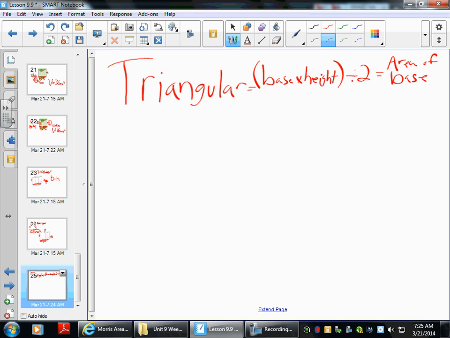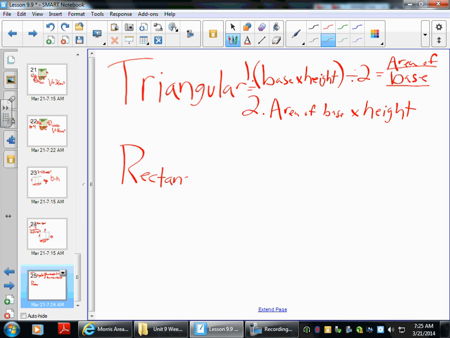Step 2: area of base times height. Now, in a lot of cases, like I said, they give you step 1. They give you the area of the base. If they give you the area of the base, move right to step 2. Area of the base times height. For rectangular, easy.